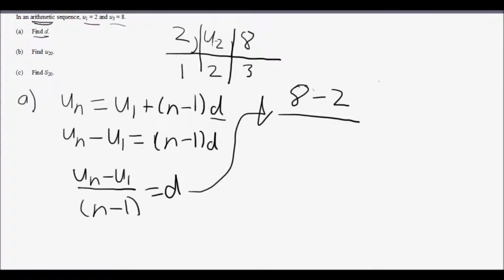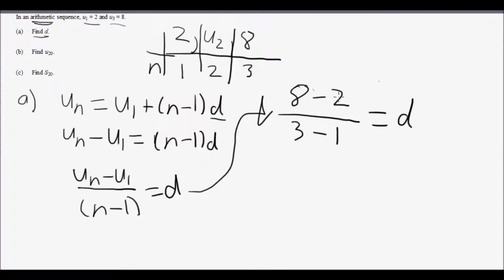We have u of 2, which is the second term, as the second number in that sequence. And then we have 8, which is the third term, and this means that this is the third number in this sequence. So this means that n is equal to 3. So we will have 3 minus 1, and this is equal to d.